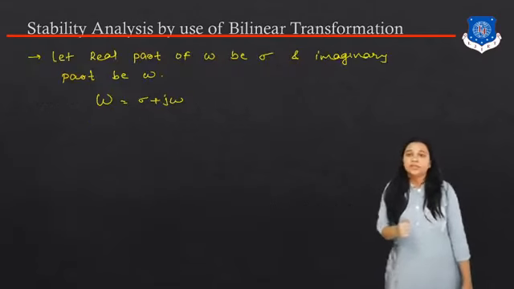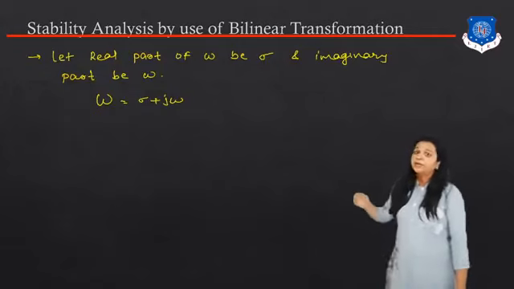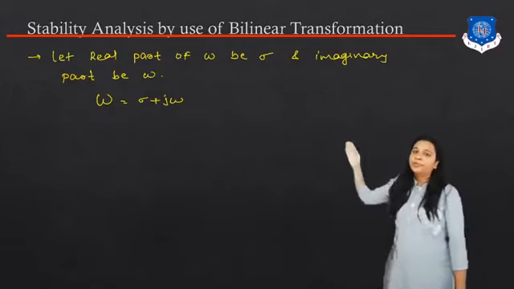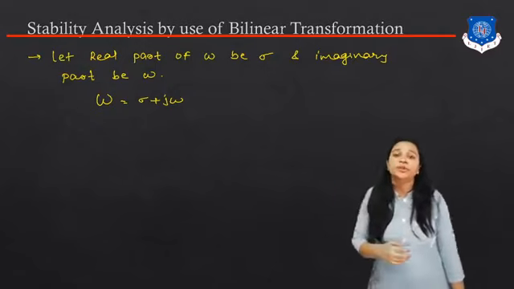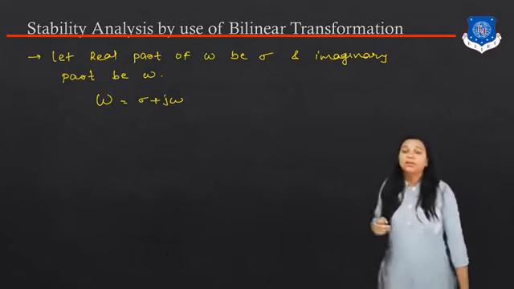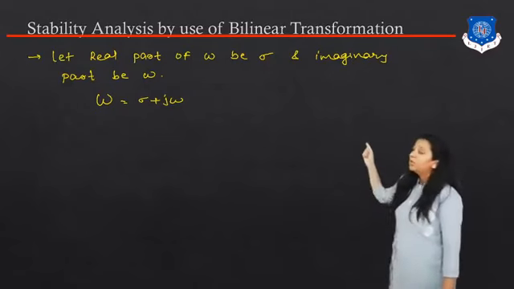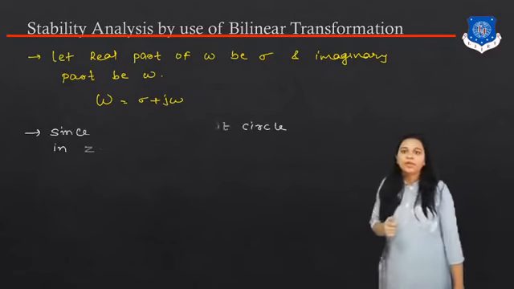Next, let's take the real part of w as mu and the imaginary part as omega, so we get w = mu + j omega.